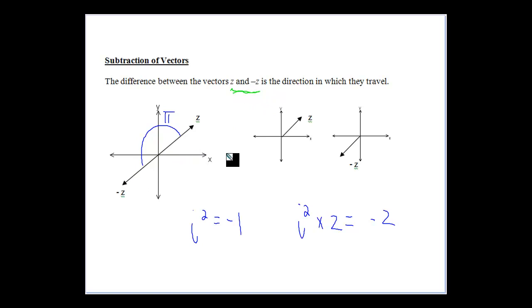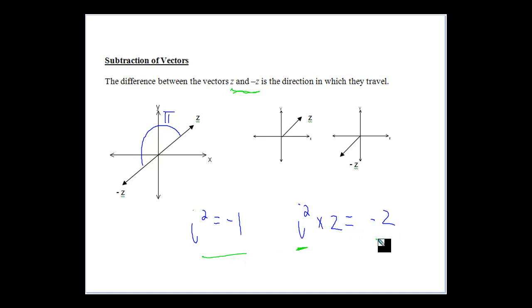Just going to show that using the idea that if we've got a vector z here, if we multiply it by i squared, which would mean we rotate it anti-clockwise 90 degrees, and then rotate it again anti-clockwise 90 degrees, so pi radians or 180 degrees, we should get that same vector, but pointing in the opposite direction, because that's what happens when you multiply something by i squared, and i squared is minus 1.